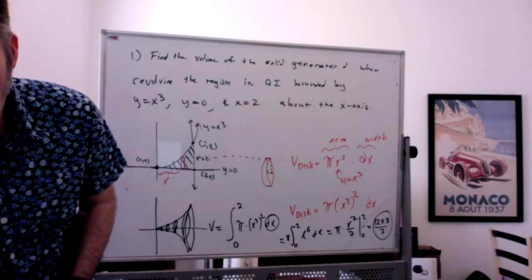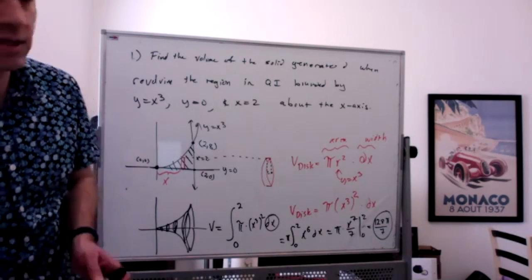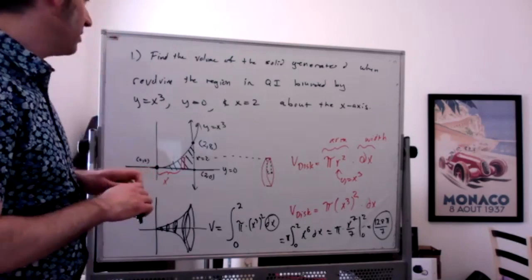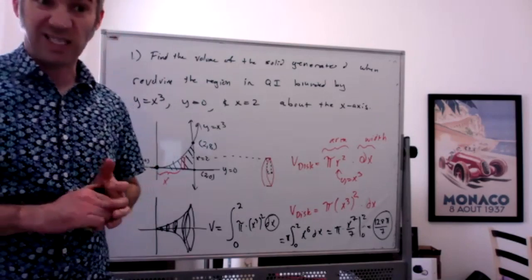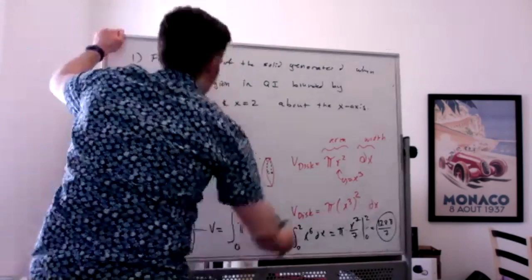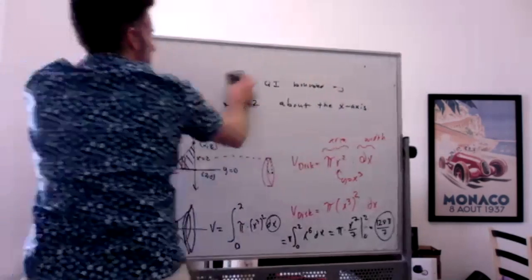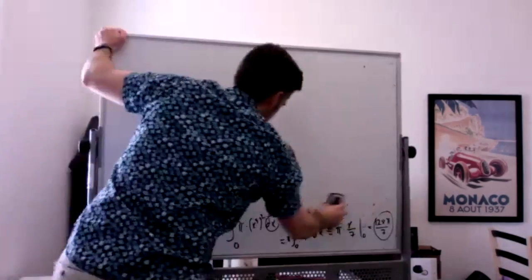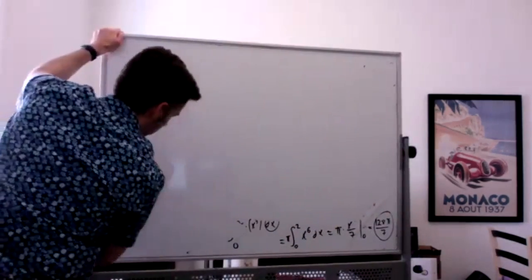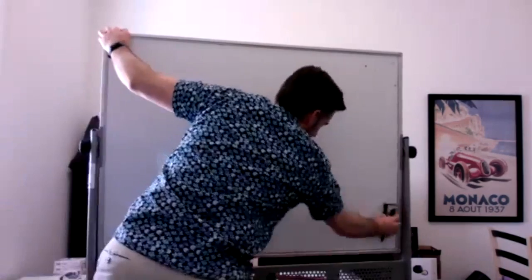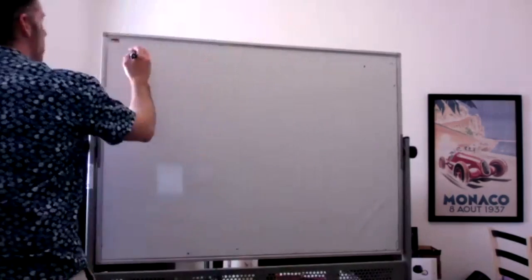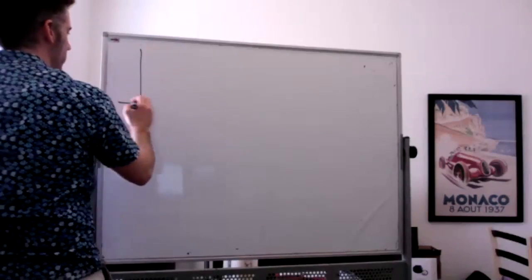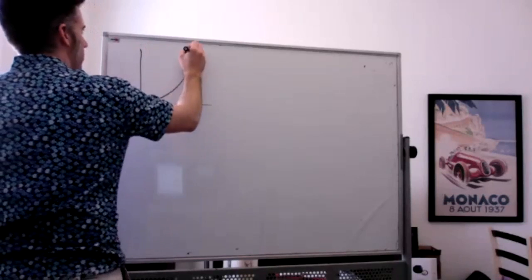Let's stick with this example for just a little bit longer. Sometimes people are going to ask you to rotate around different axes. So let's say we have the same region, I'll draw it again.